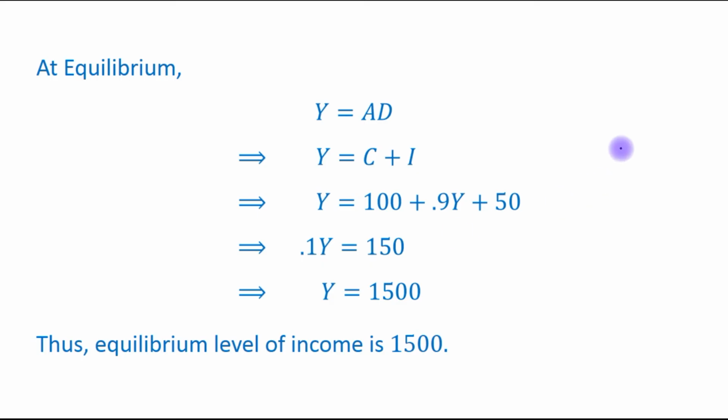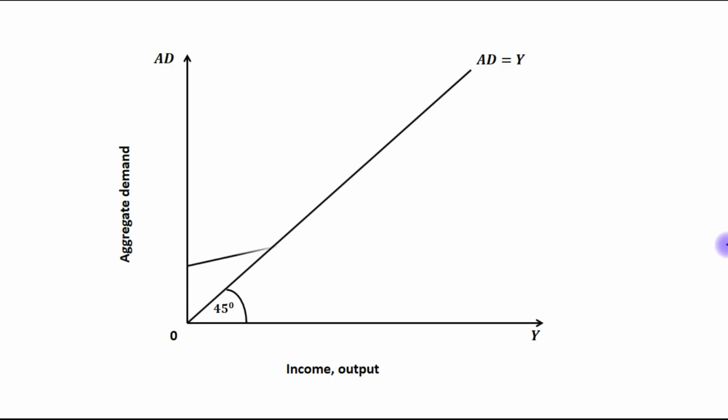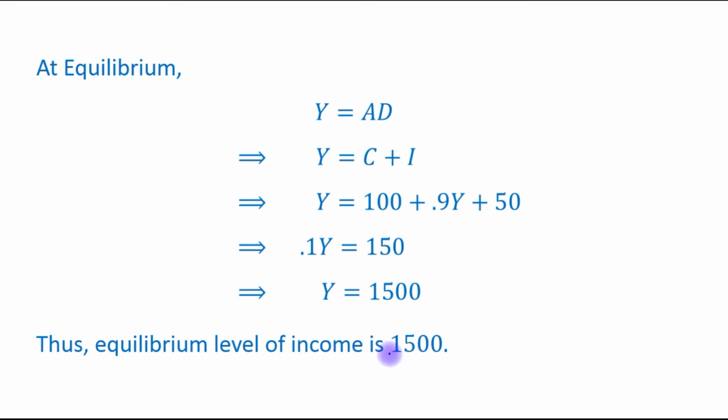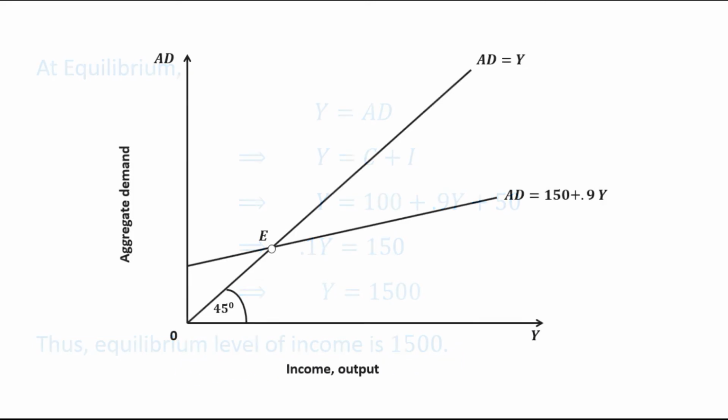Earlier the aggregate demand function was 150 plus 0.9y. So we will draw an AD curve and we'll write AD equals 150 plus 0.9y. This will be the point of equilibrium, named point E. Equilibrium income was 1500. So this is 1500.